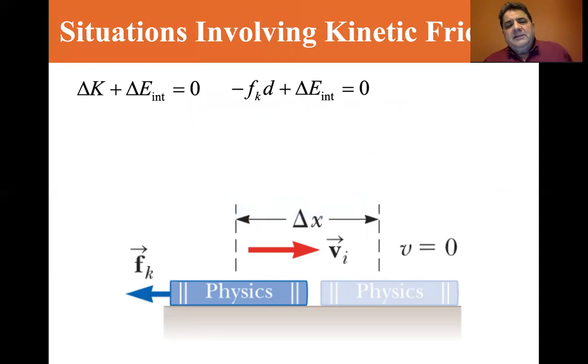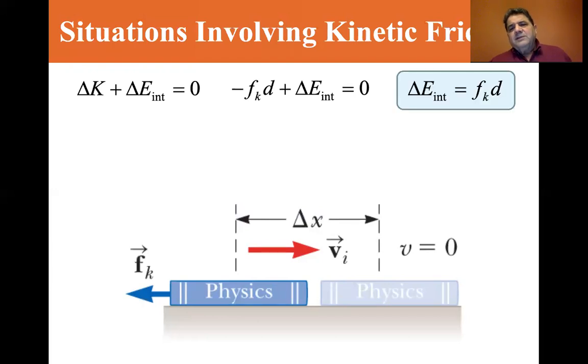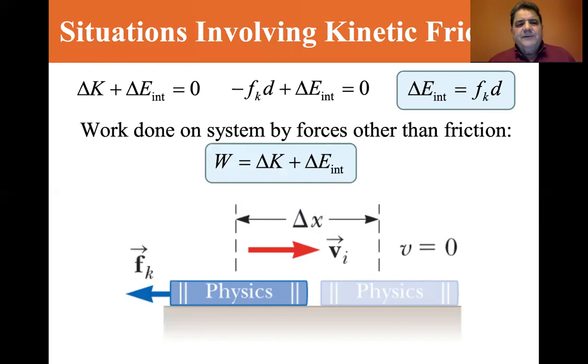And so that's minus f_k d, the change in kinetic energy is minus the force times the distance, but the force here is just the kinetic friction times the distance, plus the change in internal energy equals 0. So the change in internal energy is equal to the friction force times the distance. So the work done on a system by forces other than friction is work equals delta K plus the change in internal energy.